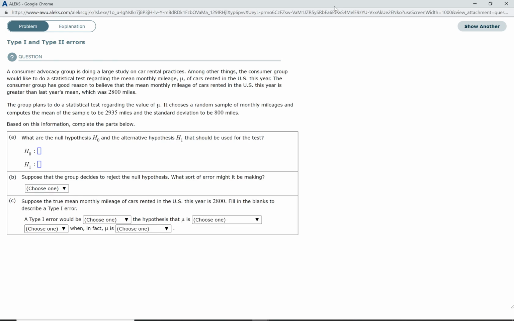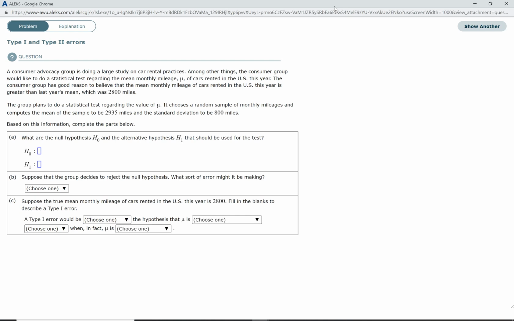The group has good reason to believe that the mean monthly mileage of cars rented this year is greater than last year's mean, which was 2,800. So the group plans to do a statistical test regarding the value of mu. It chooses a random sample of monthly mileages and computes the mean of the sample to be 2,935 miles and a standard deviation of 800 miles.